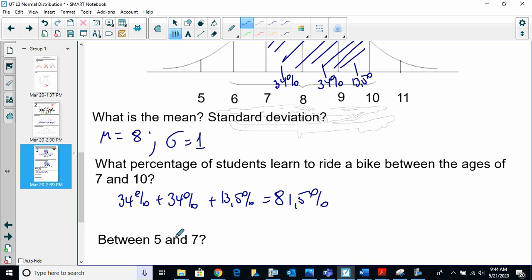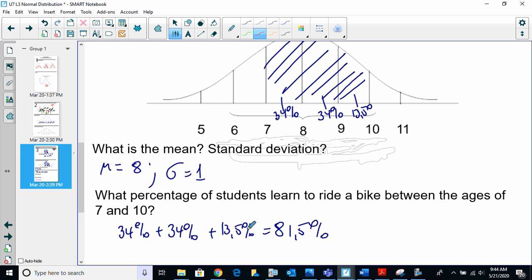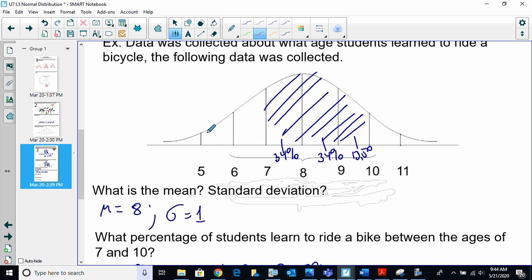And now let's see between ages 5 and 7. Now we are talking about this area here. On this area, the first one here is 13.5%, and this area here is 2.35%.